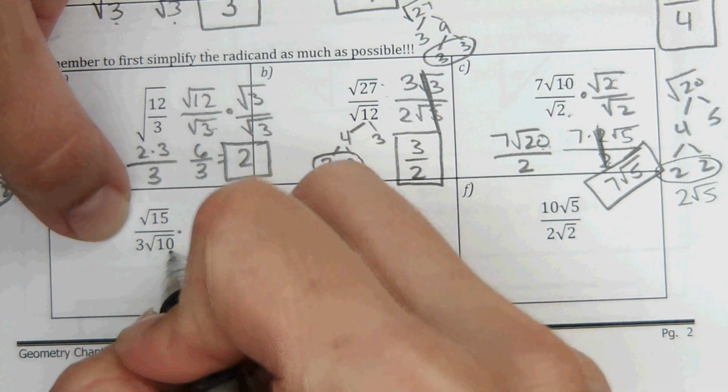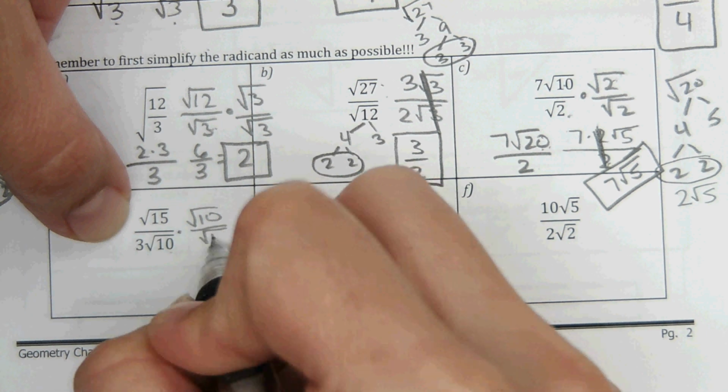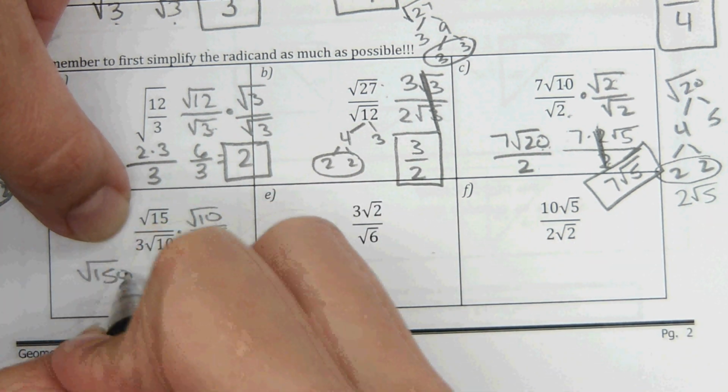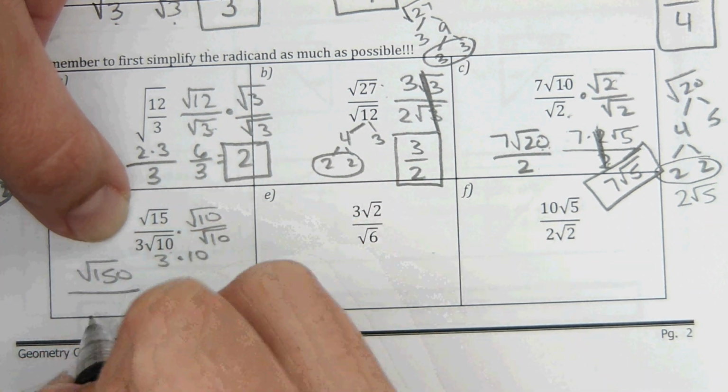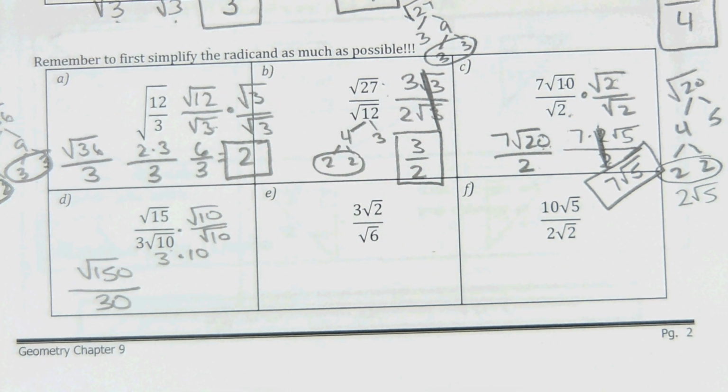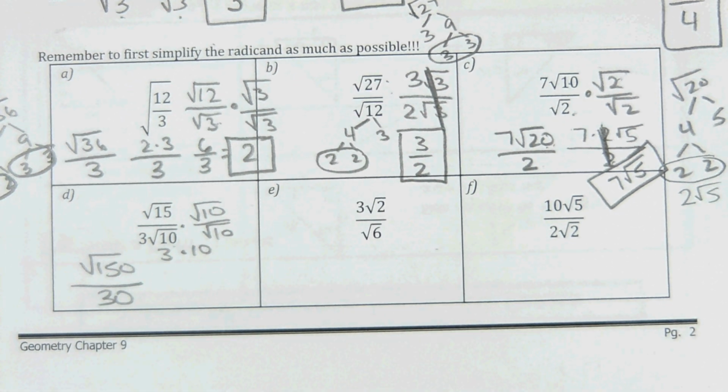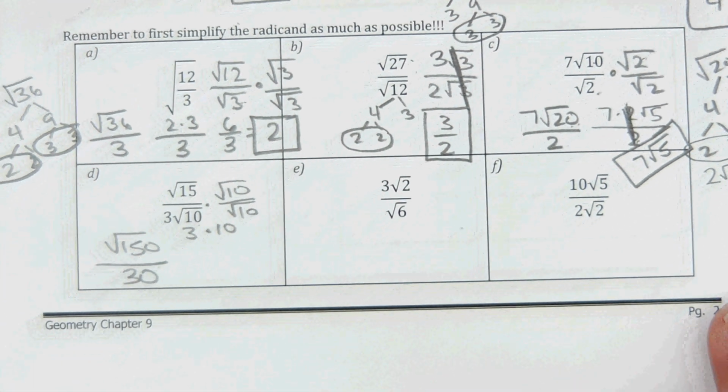Okay. For D, I'm going to get rid of the square root of 10 as a denominator. It'll be 3 times 10, which is 30.